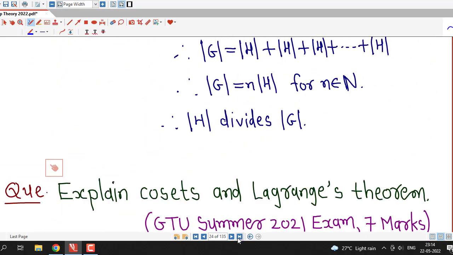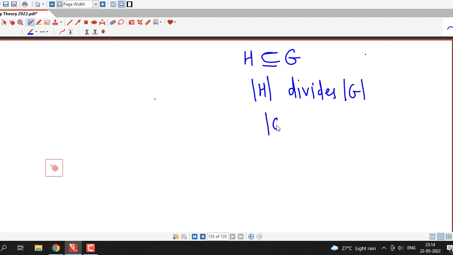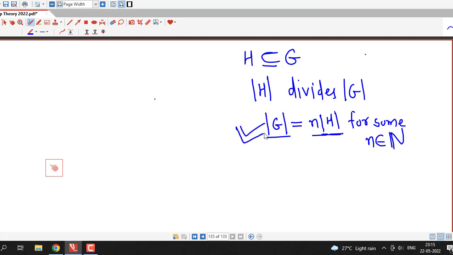That means I have to prove that if H is a subgroup of finite group G, then I have to show that order of H divides order of G, or I have to show that order of G is a multiple of order of H. I have to find some positive integer small n such that order of G is n into order of H for some n belongs to N. So we will try to write down order of G as a multiple of order of H.